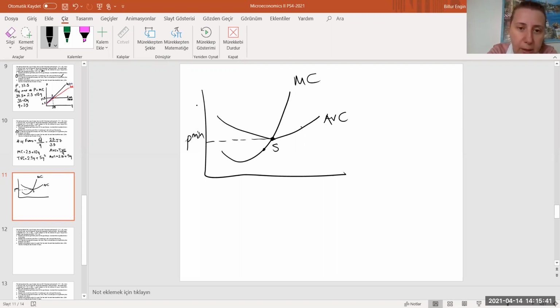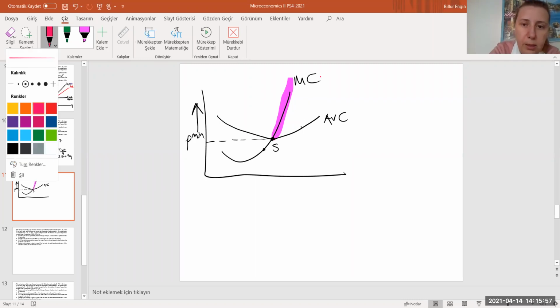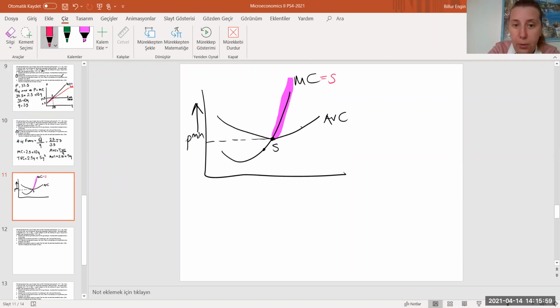So if the price is greater than this minimum price, the firm will supply. That's why the marginal cost function above the average variable cost is the firm supply function. It is the firm supply function, that part only.